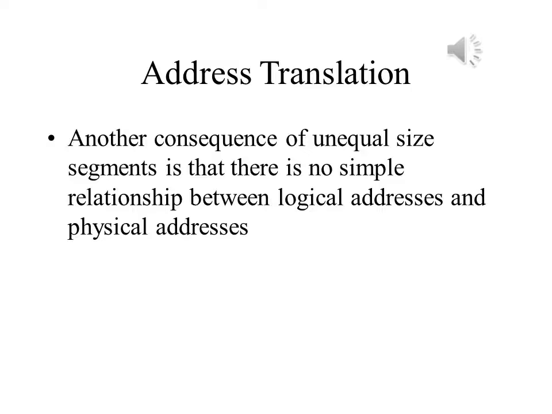Extract the segment number as the leftmost n bits of the logical address. Use the segment number as an index into the process segment table to find the starting address of the segment. Compare the offset expressed in the rightmost m bits to the length of the segment. If the offset is greater than or equal to the length, the address is invalid. The desired physical address is the sum of the starting physical address of the segment plus the offset.